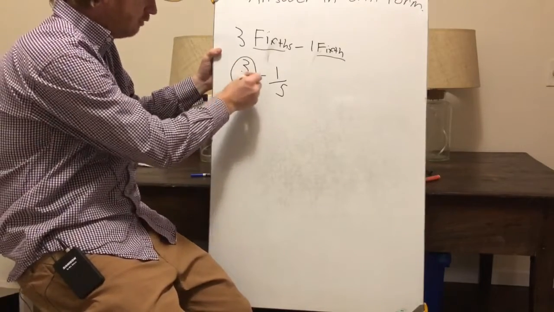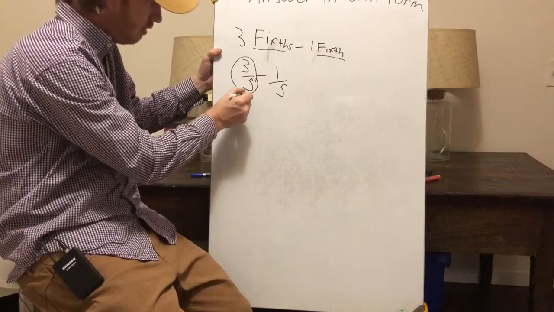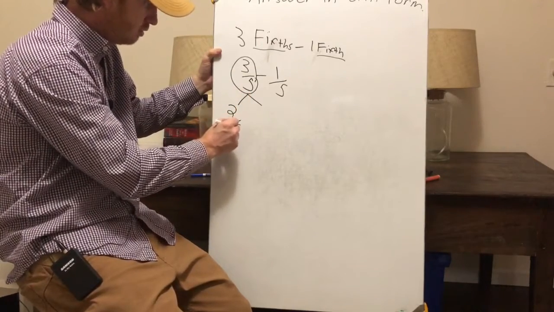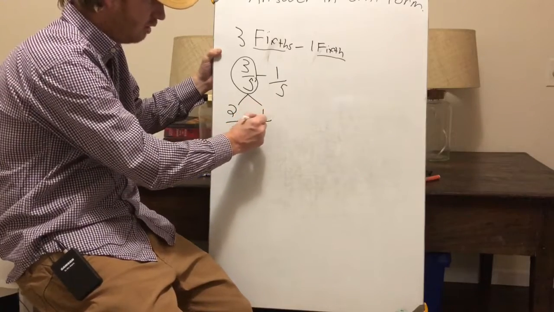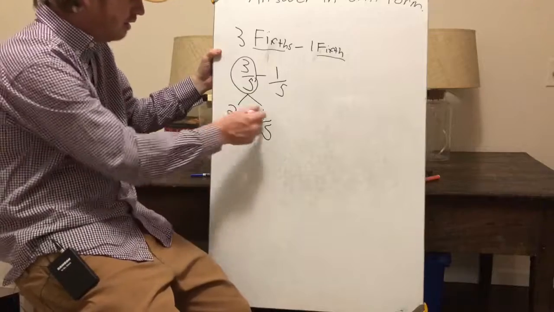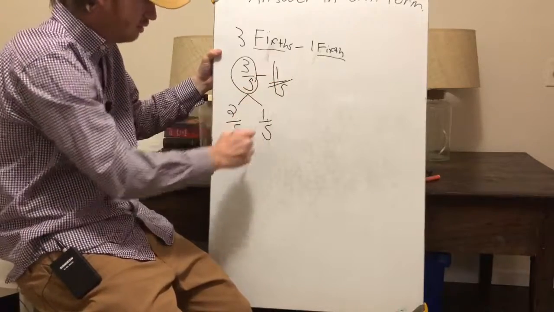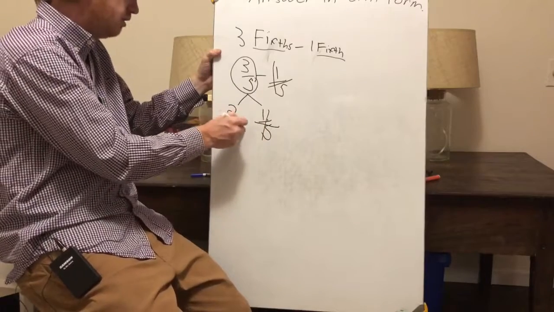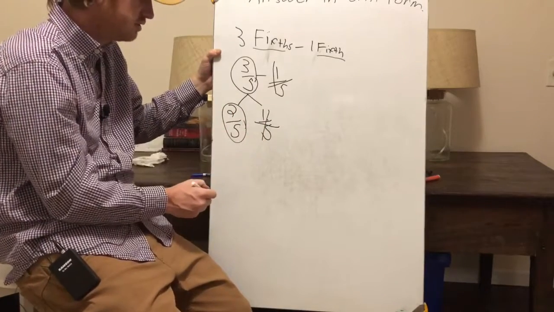So I'm going to take my 3 over 5, I'm going to break that down into 2/5 and 1/5. Then I can see that I can cross out 1 over 5 and 1 over 5, leaving me with 2/5.